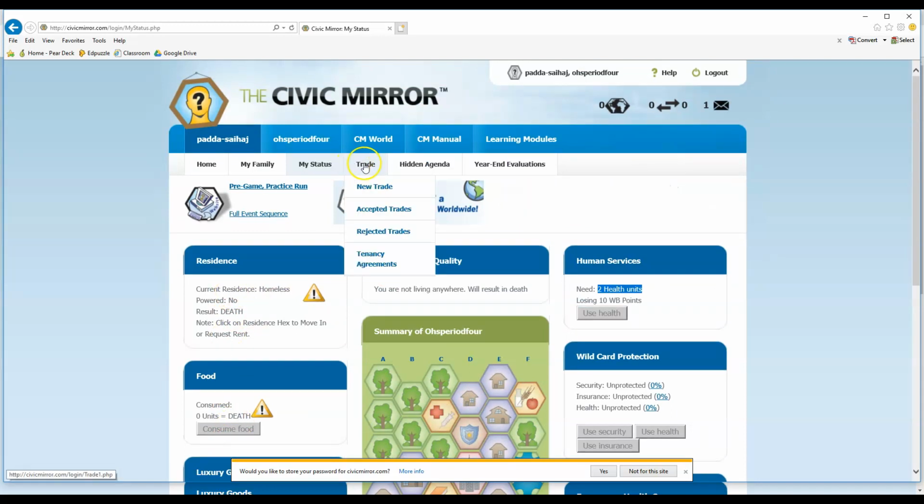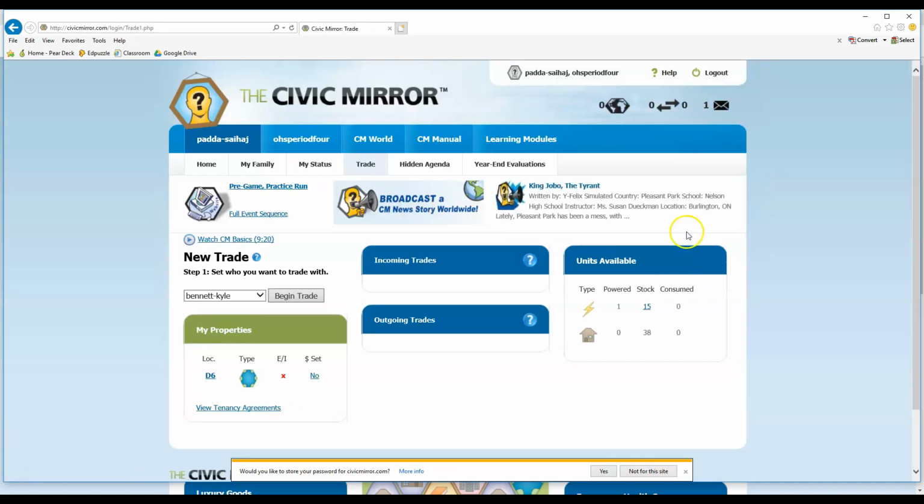So you're going to go into Trade, hover over Trade and click on New Trade. And the things that are available for you to buy are over here on the right hand side where it says Units Available. Now this is the way it's going to look at the very beginning of your year. There's not going to be any food, and here there's no powered shelter.